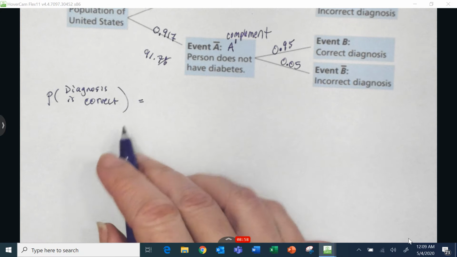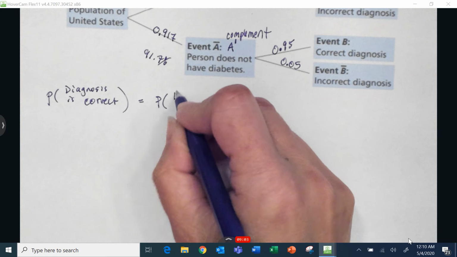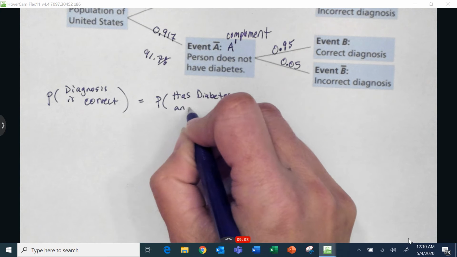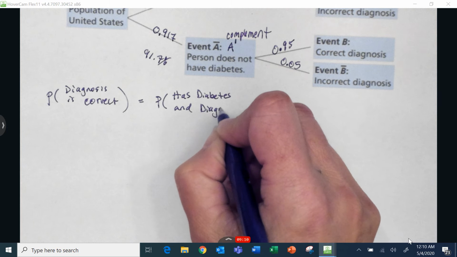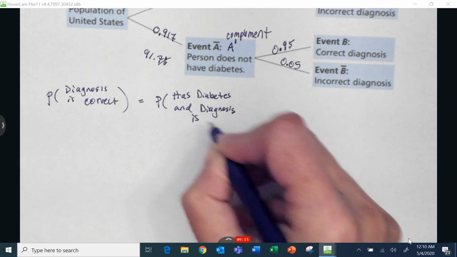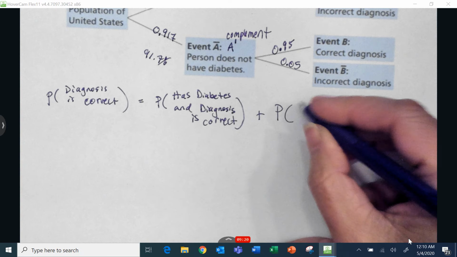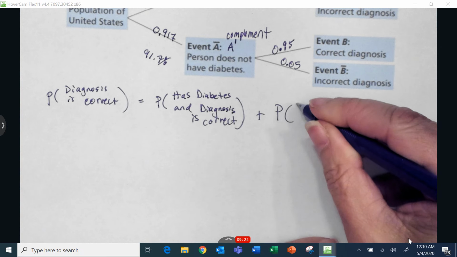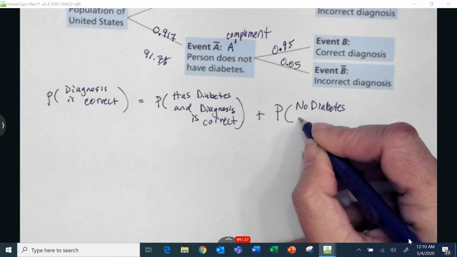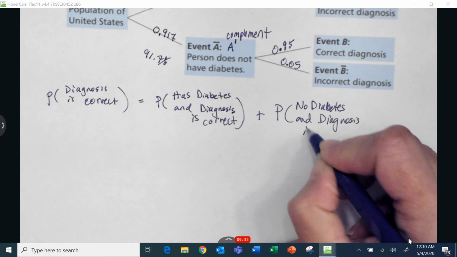So what we need to have a correct diagnosis would be the probability that the person has diabetes and the diagnosis is correct, plus the probability that the person does not have diabetes and the diagnosis is correct.